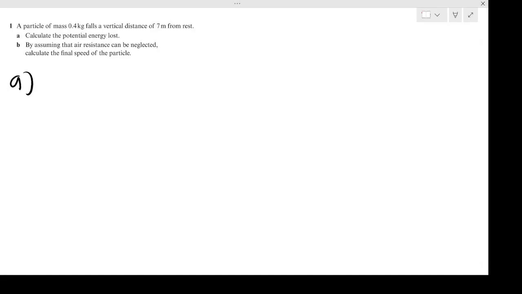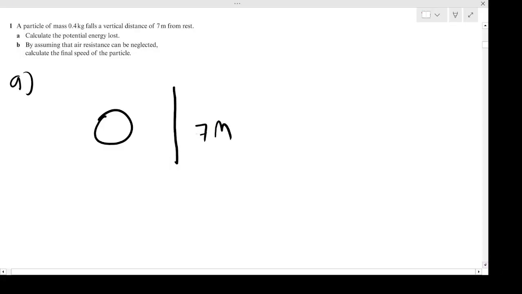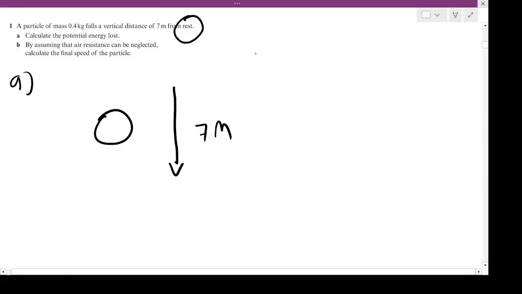Okay. So again, we've got this situation where we've got some object that's falling down, and we're told it falls 7 meters. Now, I'm told the mass. I'll use that in a moment, but I'm told it starts from rest.